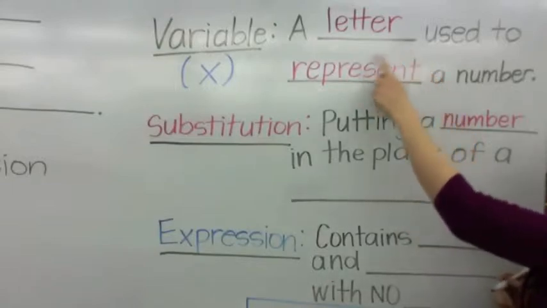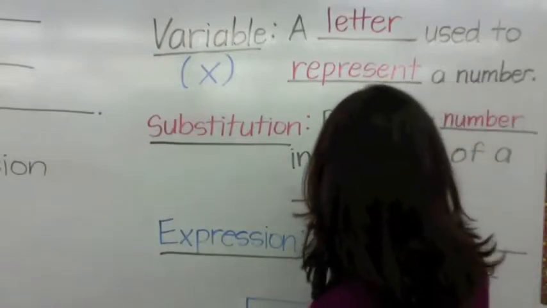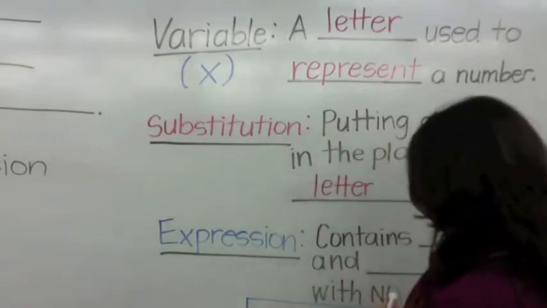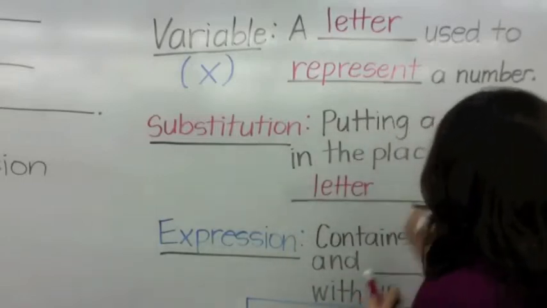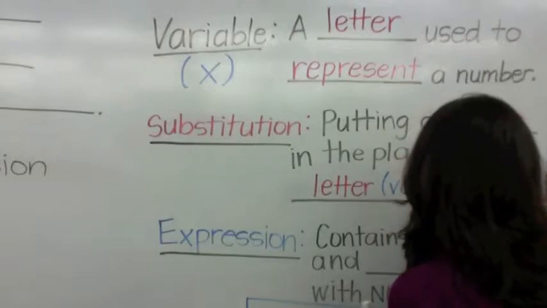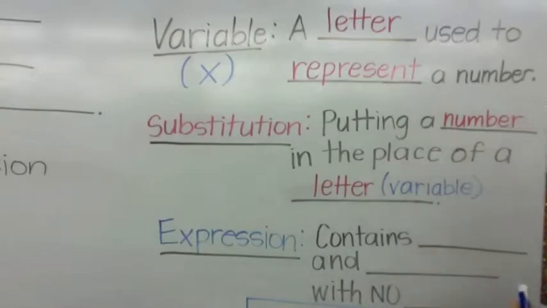A letter is a variable, okay? So it's putting a number in the place of a letter, and in parentheses, I want you to put variable. Okay, because a letter and a variable, that's the same thing, all right? Okay, go ahead and get that down.